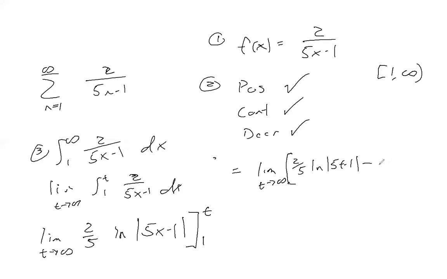When I plug in 1, I get 2/5 ln of 4. What's this limit as t goes to infinity? Well, this is constant. And what happens to ln as t gets bigger? This is going to go up to infinity. So the limit is going to be infinity minus whatever that is, which is just a constant. So the limit is equal to infinity.